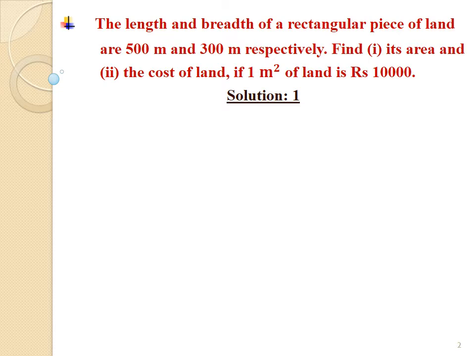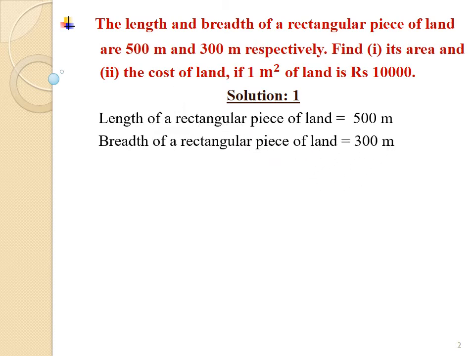So, let us solve question number 1 after writing the necessary details given to us. Length of land L is given 500 meters. Breadth of land B is given 300 meters. Therefore, area of land equals to how much?